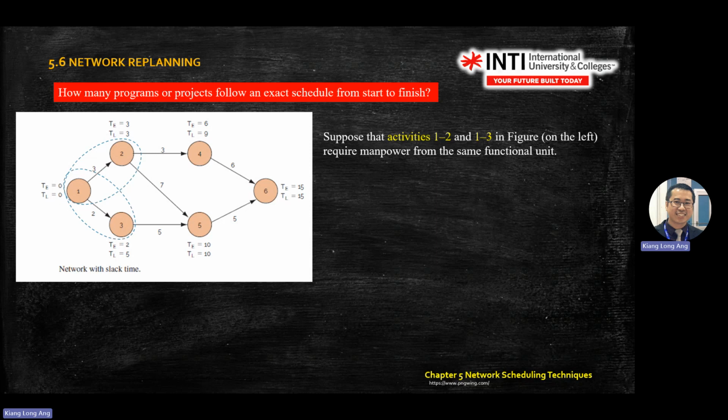Means you can either start 1 to 2 first, then you can wait. When there's a delay in here, you can still go for 1 to 3. Means the 1 to 3 process will give you some time to play around.